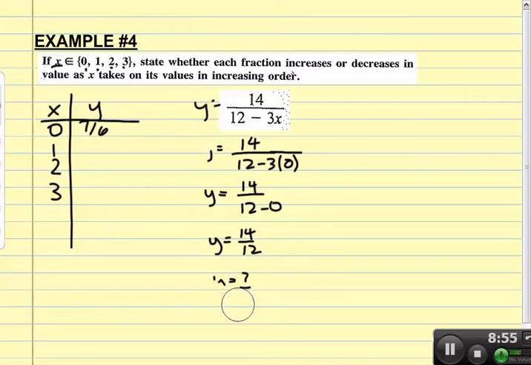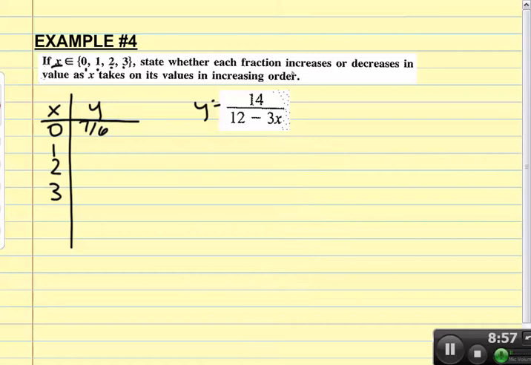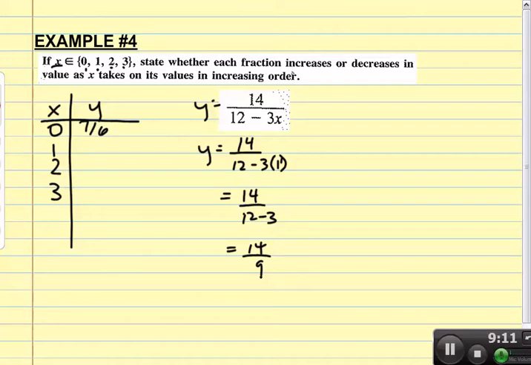Let's plug in 1. Y is equal to 14 over 12 minus 3 times 1. Y is equal to 14 over 12 minus 3. Y is equal to 14 over 9. I can't reduce that. Okay, 14 ninths.